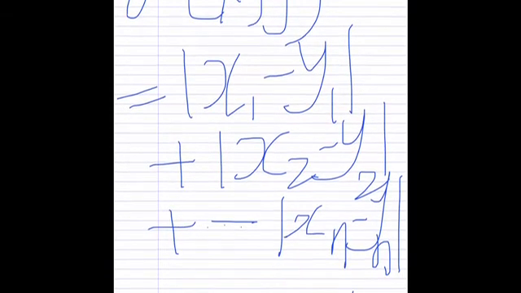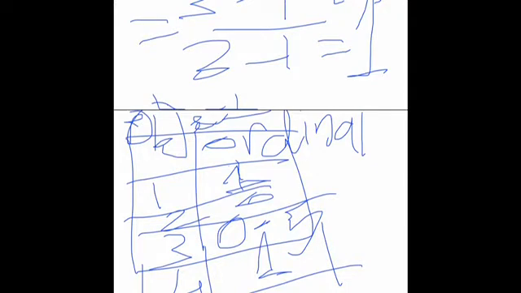Then we will calculate each distance point alone. First, the distance between 2 and 1 equal absolute 0 minus 1 equal 1. We get this distance from this table of object and ordinal attribute.